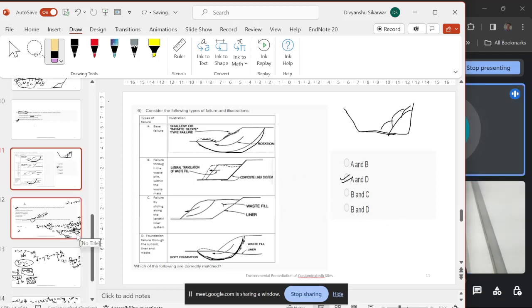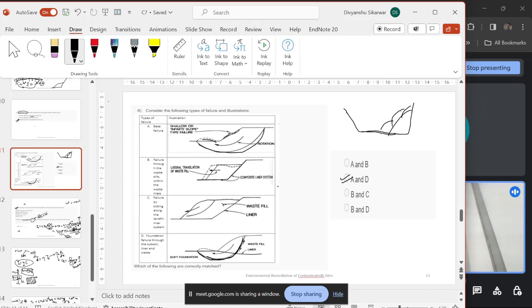Sir, actually, B and D, what type of failure is the diagram showing? It's actually the type of failure is an actual failure which is shown, but the diagram is not correct. We have five types of failure. These two are correct, and after that for waste we have a failure within waste mass.